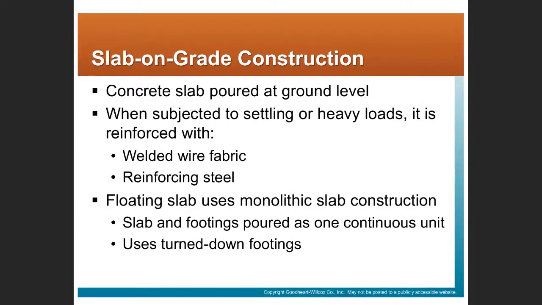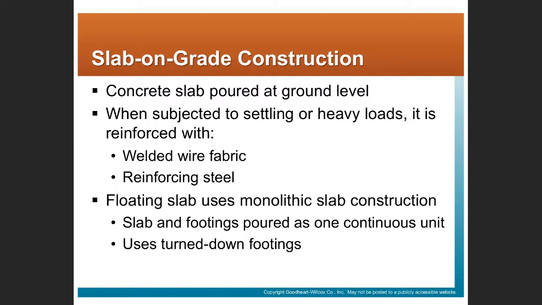Okay, slab on grade is when we have a concrete slab that's poured directly on the ground. It's obviously reinforced with welded wire fabric or reinforcing steel. We just saw a picture before about a monolithic slab.